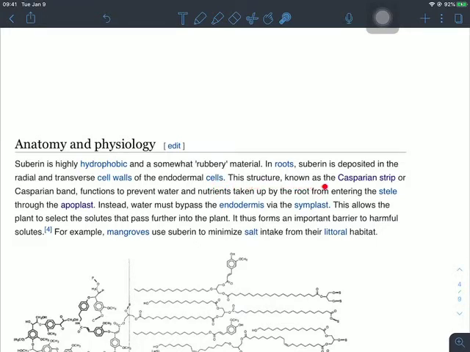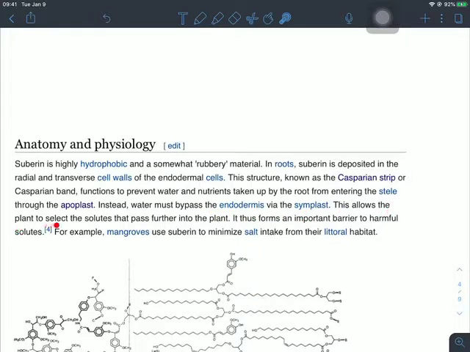This structure, known as the Casparian strip or the Casparian band, functions to prevent water and nutrients taken up by the root from entering the stele, or the xylem, through the apoplast. Instead, water must bypass the endodermis via the symplast. It has to move symplastically through the endodermis.